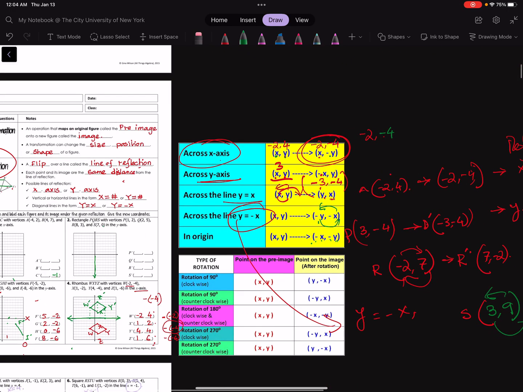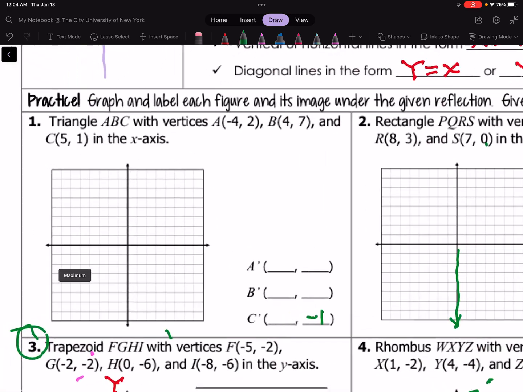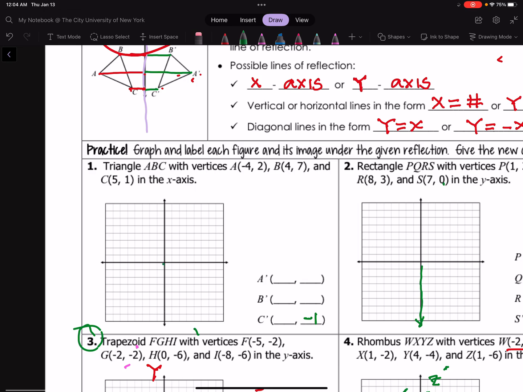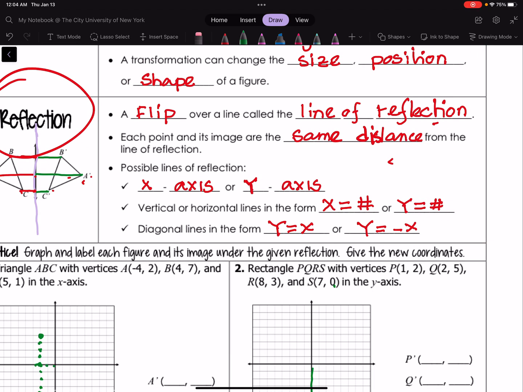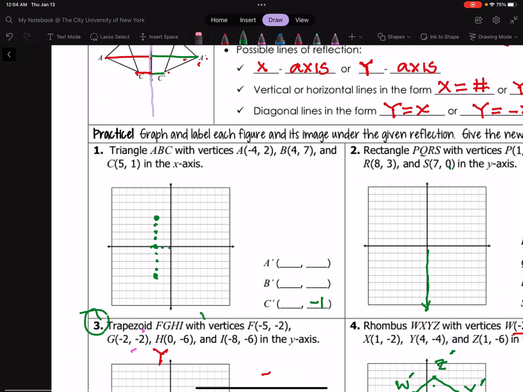And if somebody doesn't want to remember that, what you can do is, let's say this point (-2, 4). Draw your graph: 1, 2 to -2, and 4: 1, 2, 3, 4. You are reflecting through the x-axis: 1, 2, 3, 4. You see, they are at the same distance. So this is your reflection point.